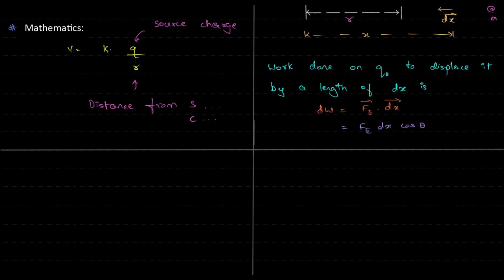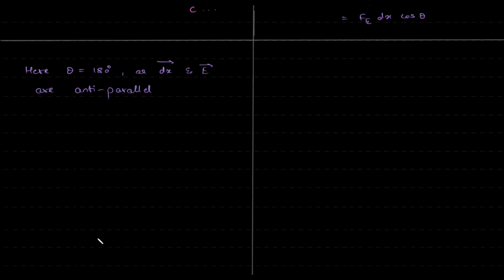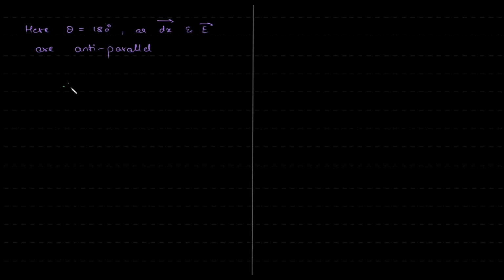And what is theta over here? Here theta is 90 degree, is it not? Nope, it is 180 degree. Why is that? As the displacement and the electrical field are opposite of each other, that is, they are anti-parallel. My bad, anti-parallel. Agree? And so this is the smallest possible work that we can figure out.